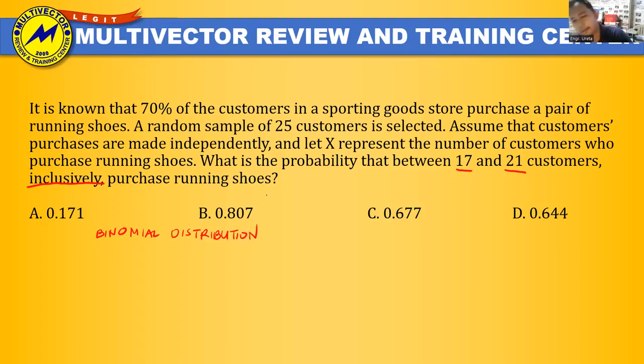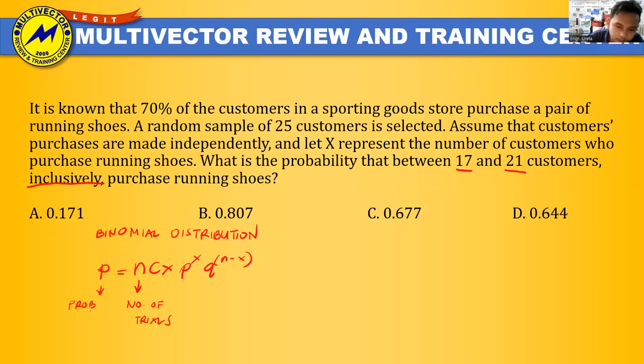Okay? So our formula for binomial distribution, the probability P is just equal to nCx times p raised to x times q raised to n minus x. Okay, so where n is actually the number of trials. Okay, syempre ito probability. X is yung desired population.